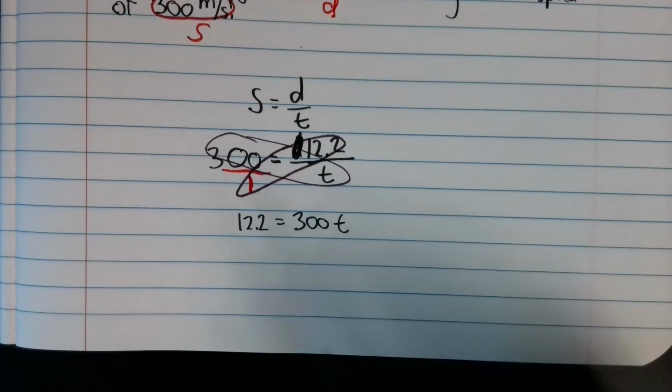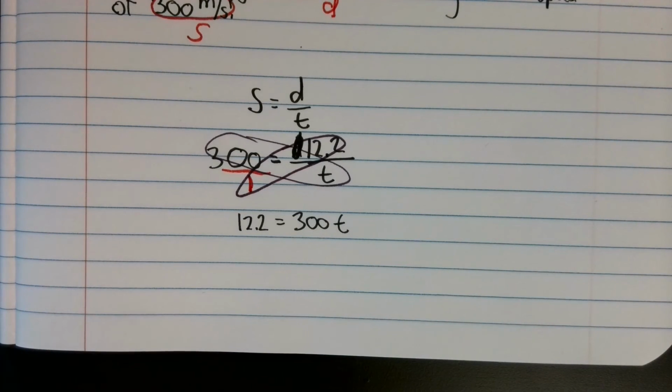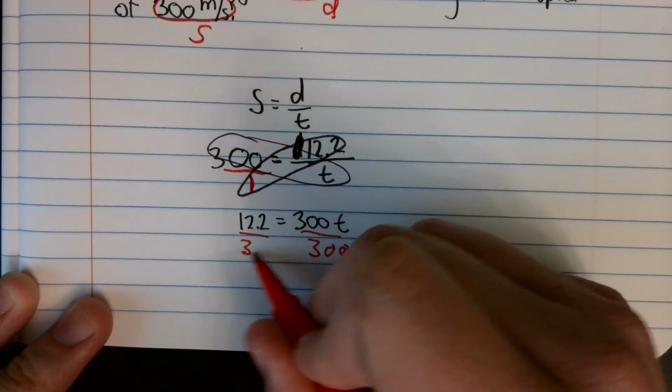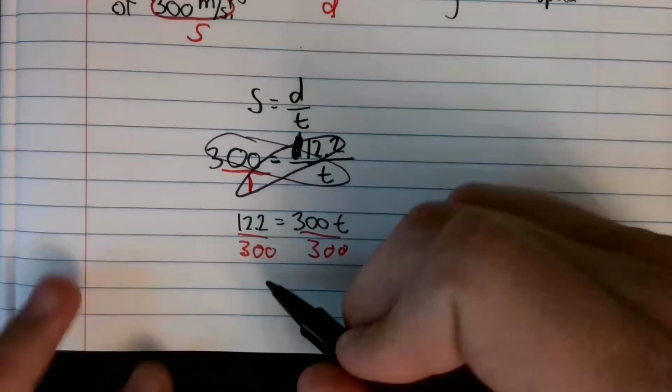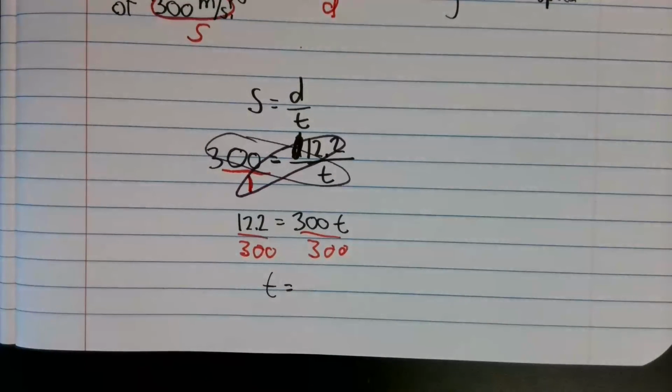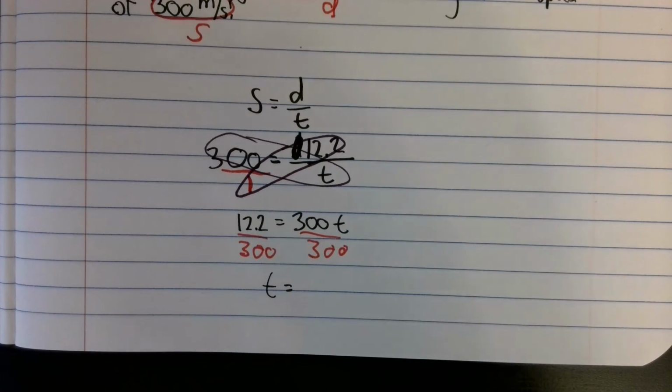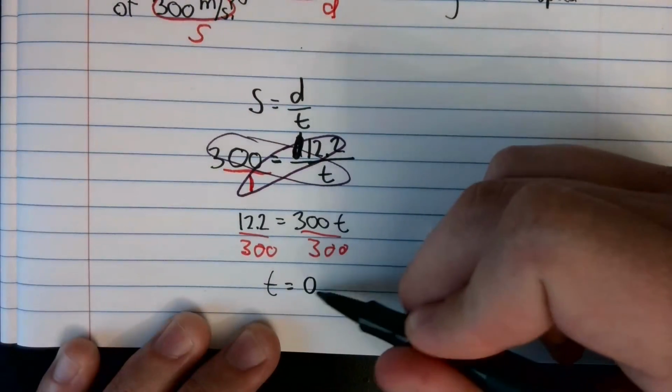Now we divide both sides by 300. And we got it. So that's 0.0407.